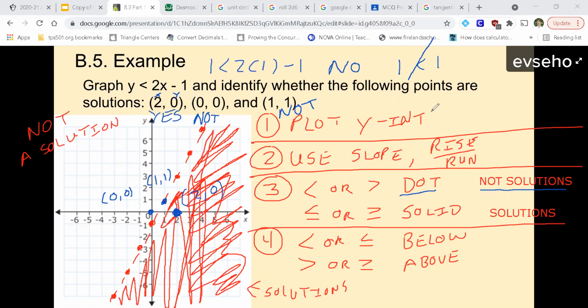So again, if it's a dotted line, that means points on the line are not solutions because they actually equal, right? If it's less than or equal to or greater than or equal to, then that means they are solutions, right? Because it could be or equal to. Does that make sense?